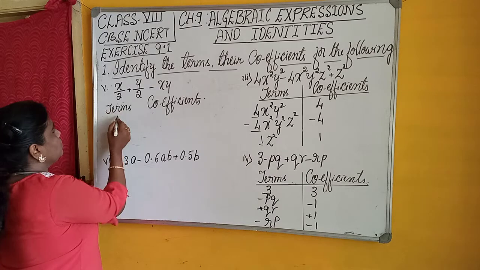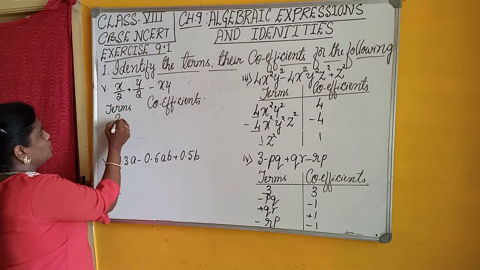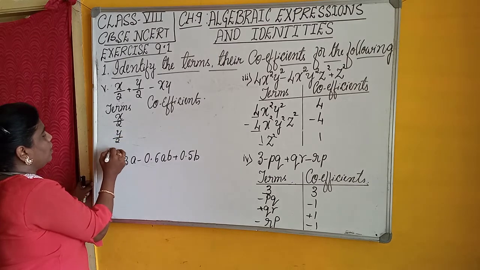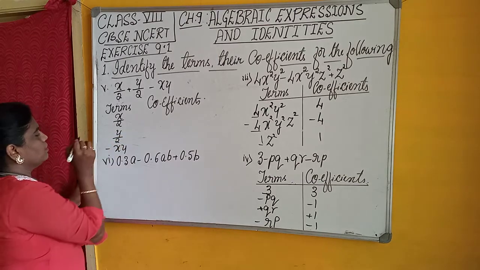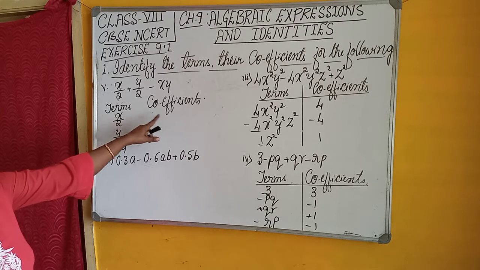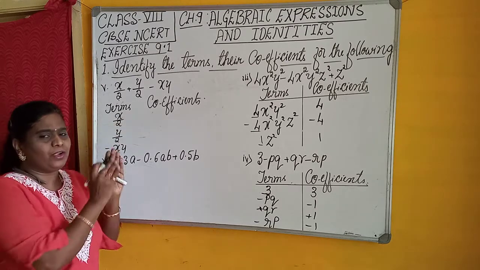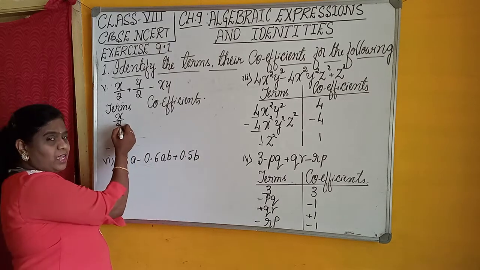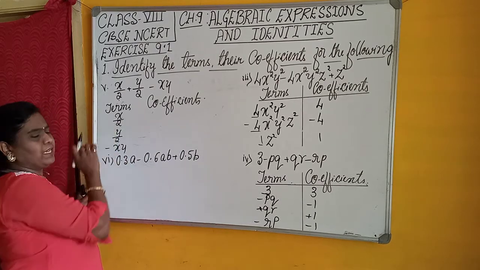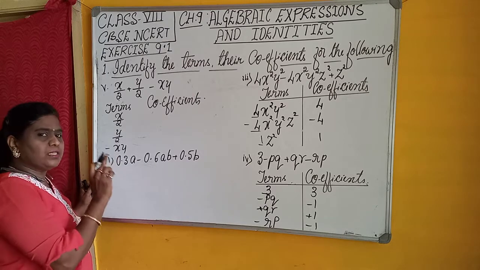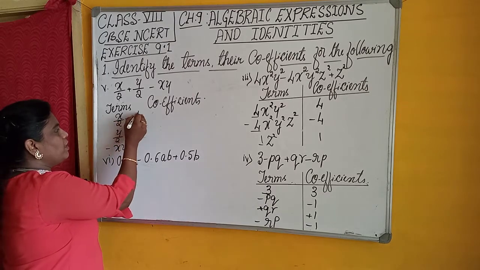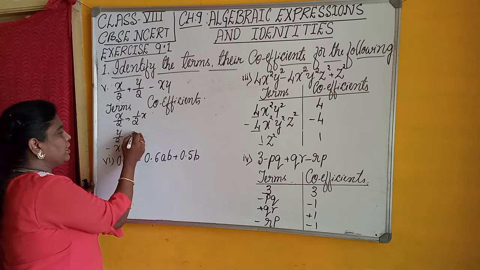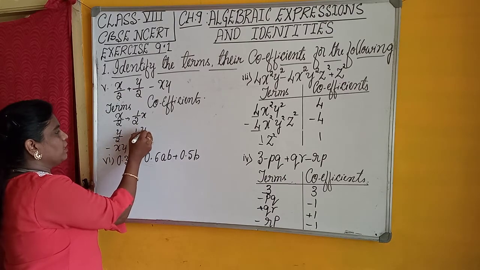Okay, here terms are 1, 2, 3. Those we are writing: x by 2, y by 2, and minus 6y. For these, the numerical coefficient of x by 2 is 1 by 2. It is nothing but half into x. And y by 2 can be written as half into y.